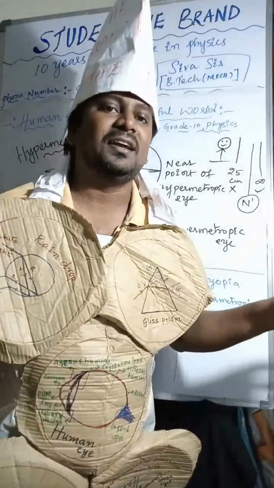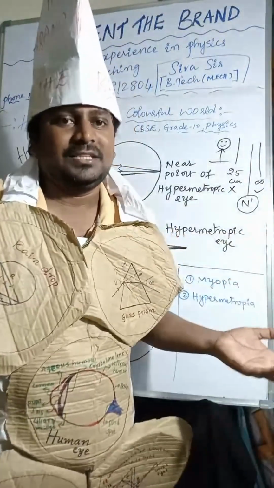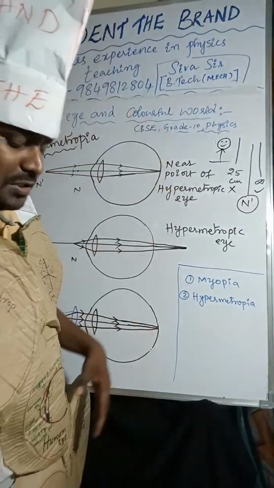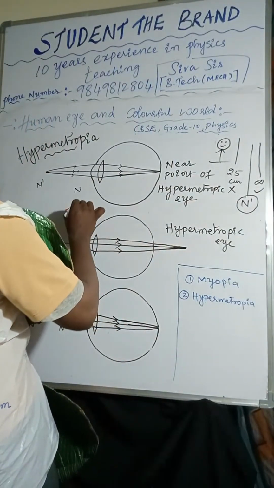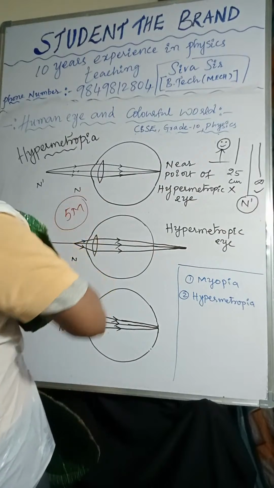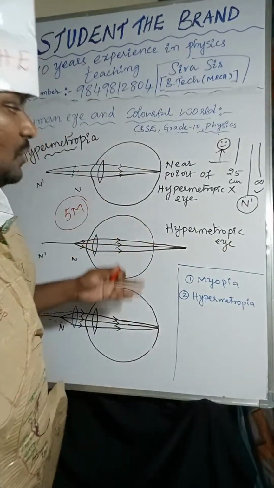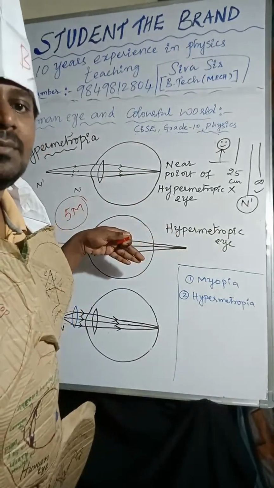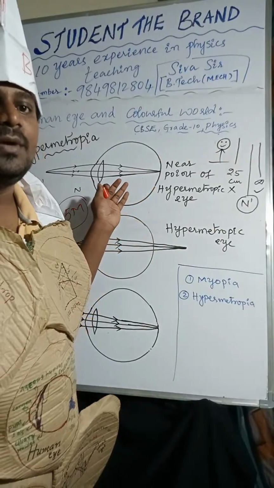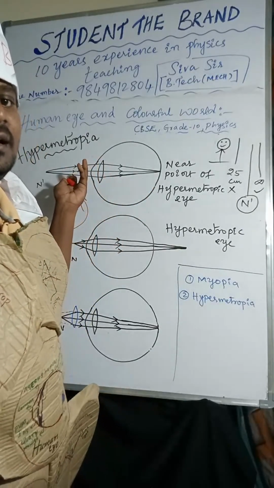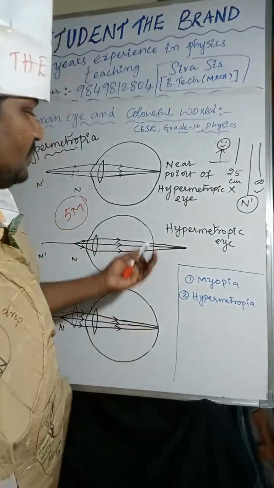Never, never. Why I am doing all these things is because this entire question will come for 5 marks in the exam. They will ask you to draw 3 diagrams, or sometimes 1 diagram. It's a very simple and easy way to remember.